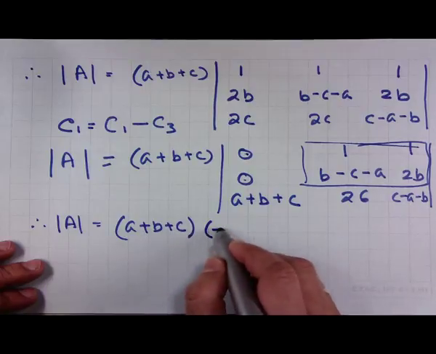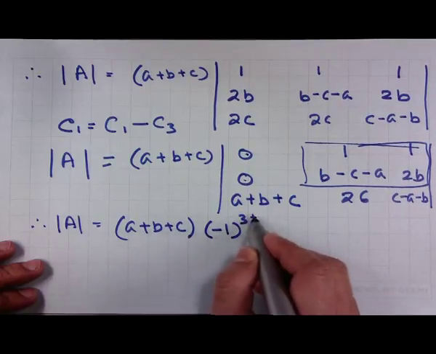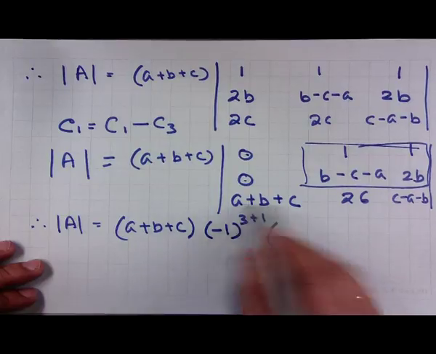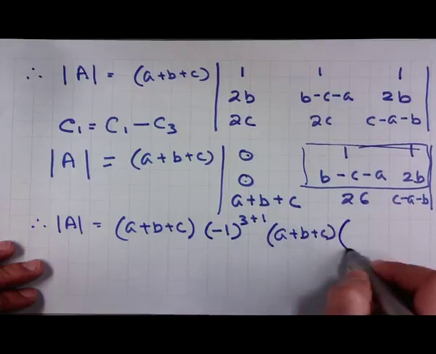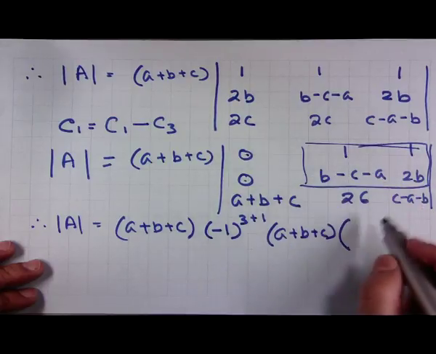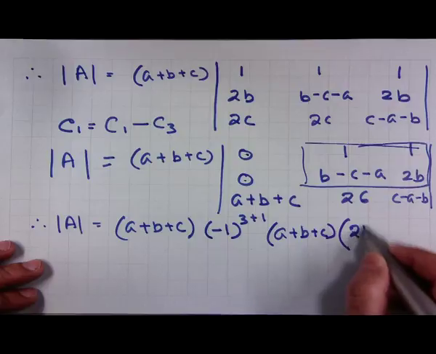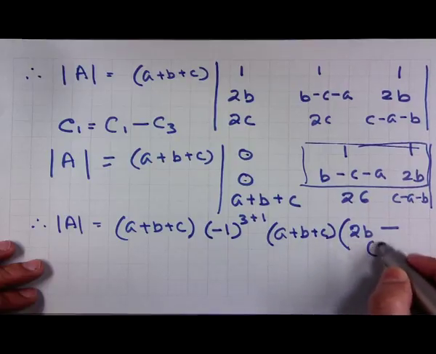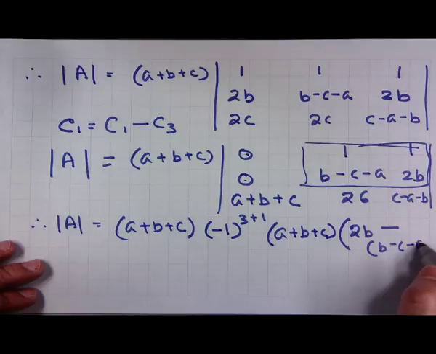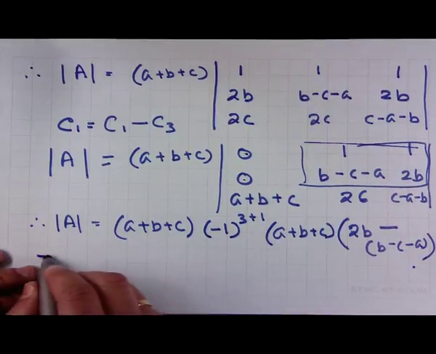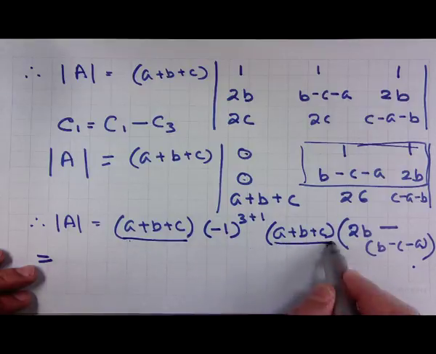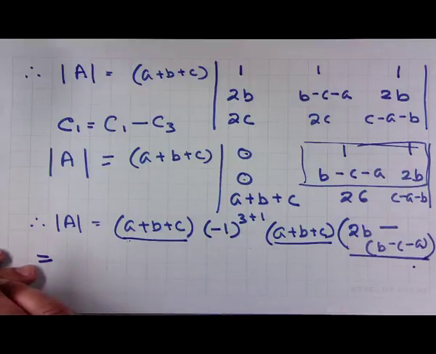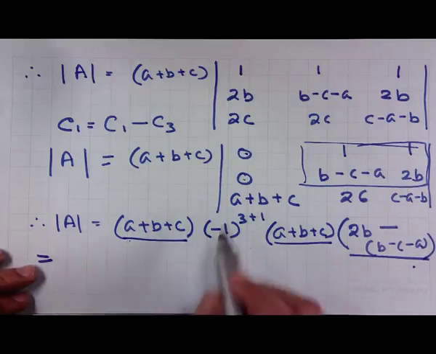Therefore, minus 1 to the power 3 plus 1 into this A plus B plus C into the determinant of this matrix, which is 2b minus B minus C minus A, is equal to, this gives me 1 A plus B plus C, this gives me 1 A plus B plus C, and this will also give me another A plus B plus C, and the sign is positive.